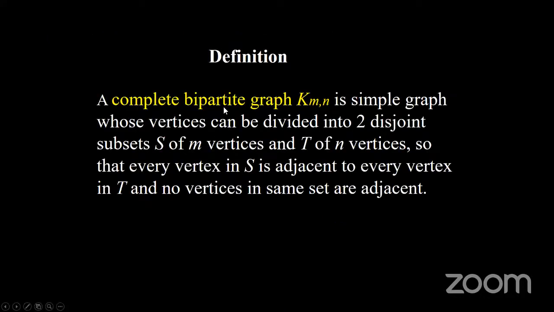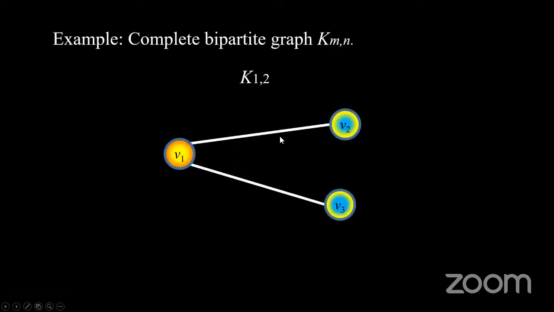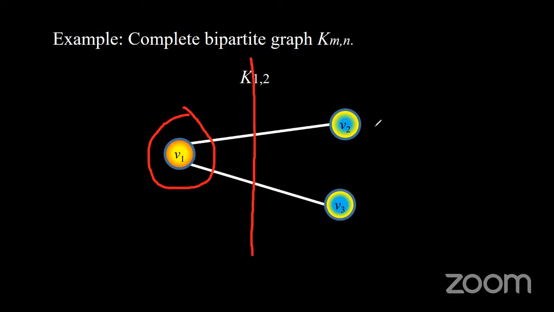Now a complete bipartite graph is a simple graph where you can divide the vertices into 2 sets. I'm just going to explain that. This is K12 because you can split this like this: here there is one vertex, and there are 2 vertices.